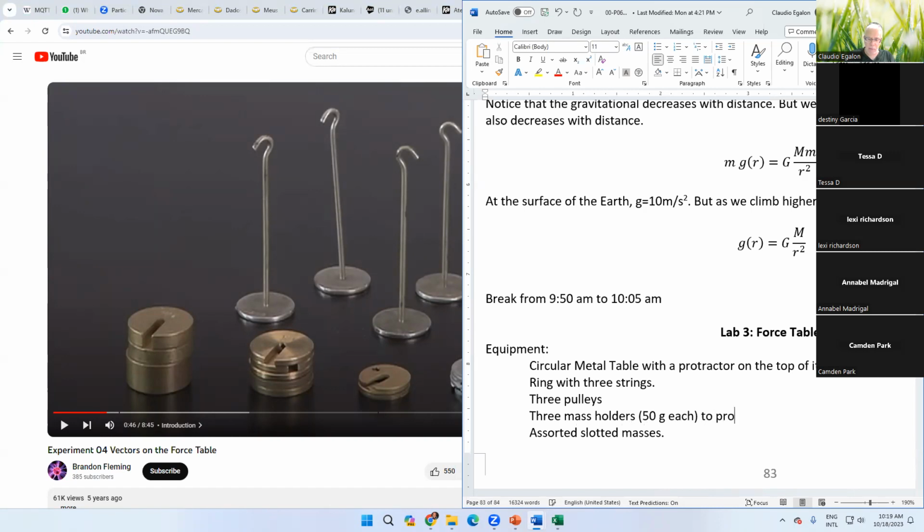Three mass holders to produce a force, okay? And the slotted masses are also used to produce a force, not on the table, but on the ring. This is a force on the ring. 3 pulleys to hold the mass and pass the string.